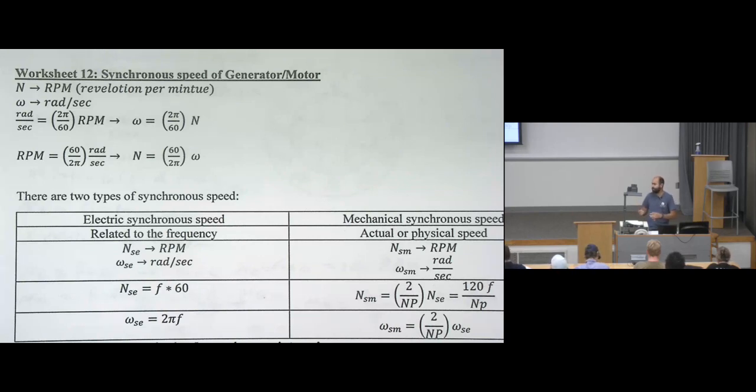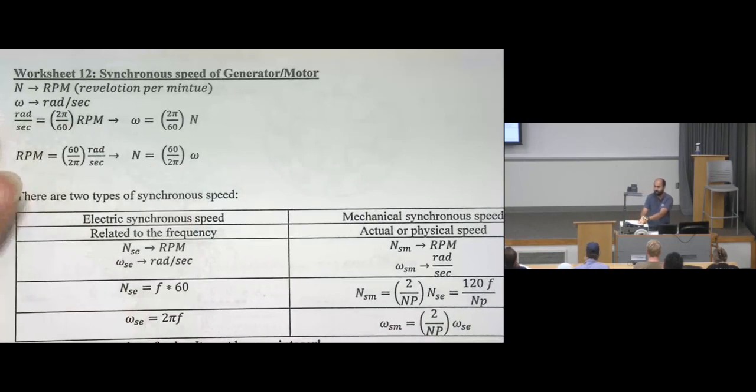I can imagine a speed of 3,600 revolutions per minute and know how high it is. But when I say the speed is 200 radian per second, I know maybe 200 is higher than 50 or 100, but I couldn't imagine how much that speed is. But electrical engineers prefer radian per second because it's related to the frequency.